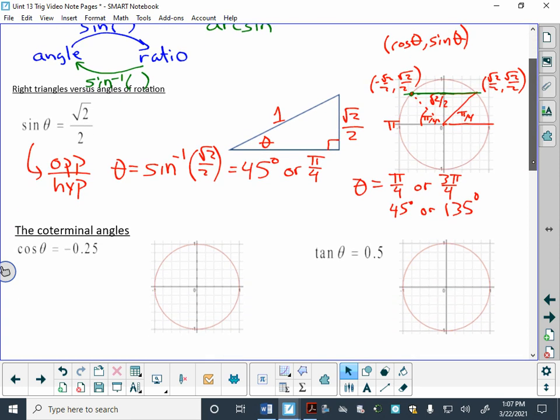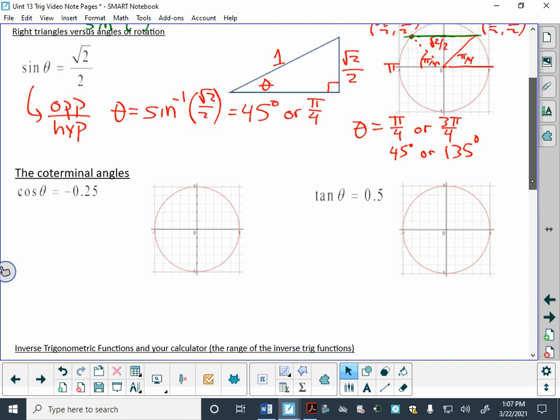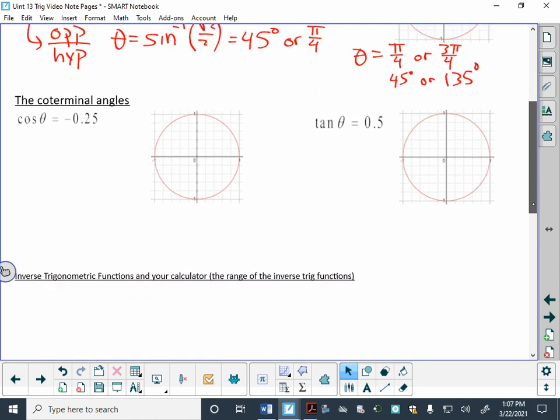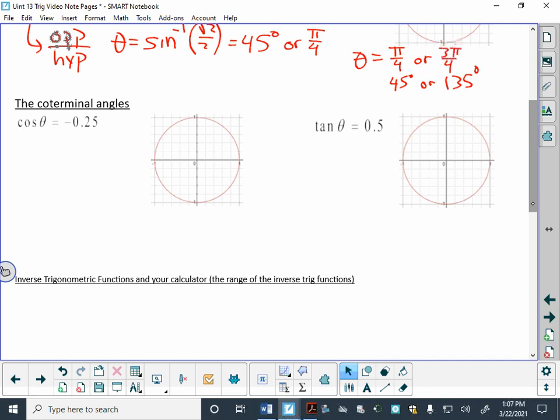We'll get away from the angles that we know from the special right triangles and talk about the coterminal angles as well. So, if I were talking about the cosine of an angle being negative 0.25, that is a negative on there. This didn't show up very bright. Cosine is x values.